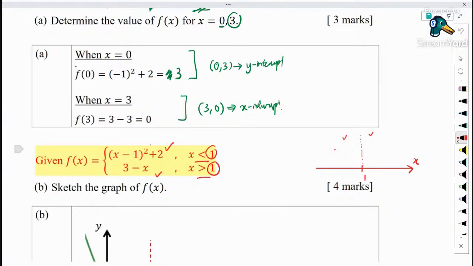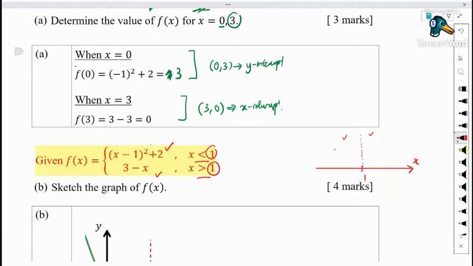When you draw a piecewise function, I will suggest that you tackle the curve first, so that after you are able to draw the curve nicely inside the diagram, then only you adjust the straight line accordingly. If you draw the straight line first, then you need to consider drawing the curve and at the same time try to adjust with the straight line, which is much more difficult.